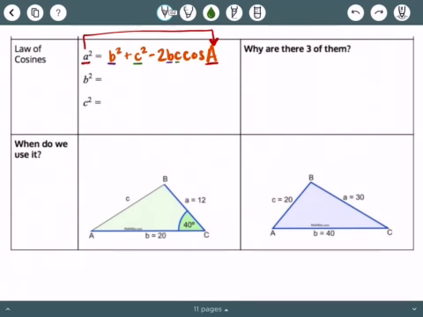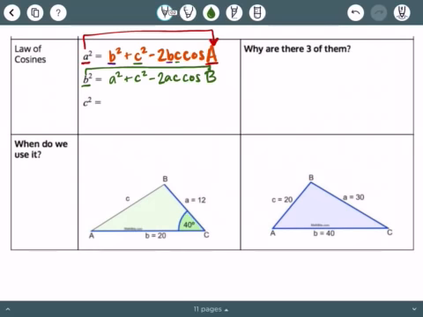So we can recognize this same pattern when we do it a little bit differently. So we could say B squared is equal to A squared plus C squared minus 2AC times cosine B this time. So again, we see the B's go together. One is a side and one is an angle.